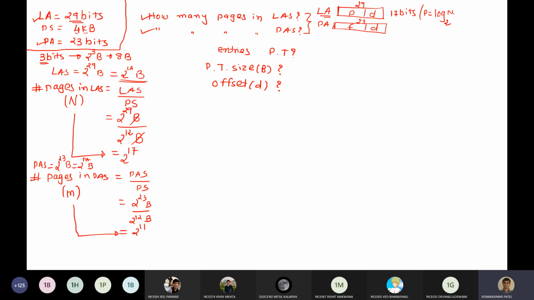So put it in: log 2 raised to 17 base 2. So 17 will come here, 17 into log 2 base 2, and log 2 base 2 is 1. So 17 bits. Plus, what is this? Displacement. That we will look at later.